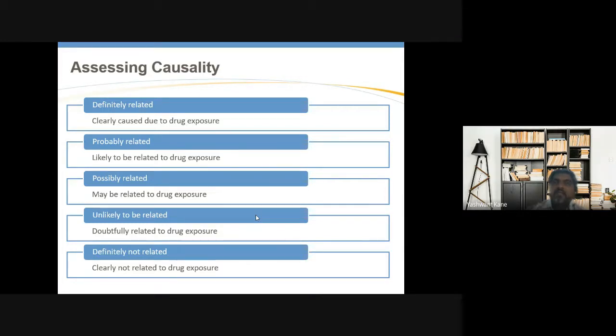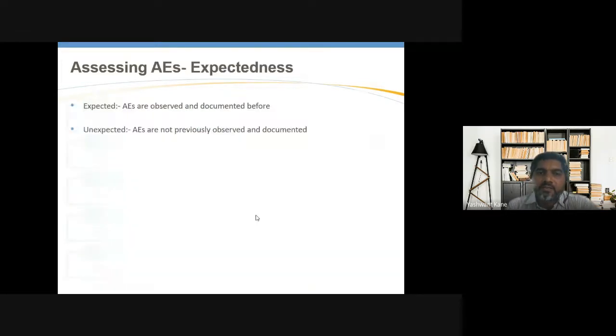It's the nature of diclofenac to always have bleeding events. So it's unlikely to be related to the paracetamol. Definitely not related: there is no question at all that the drug is related to the event. For example, I took paracetamol, and while walking on the road, I fell down. I had an accident. Not at all related. So that's how causality needs to be assessed.